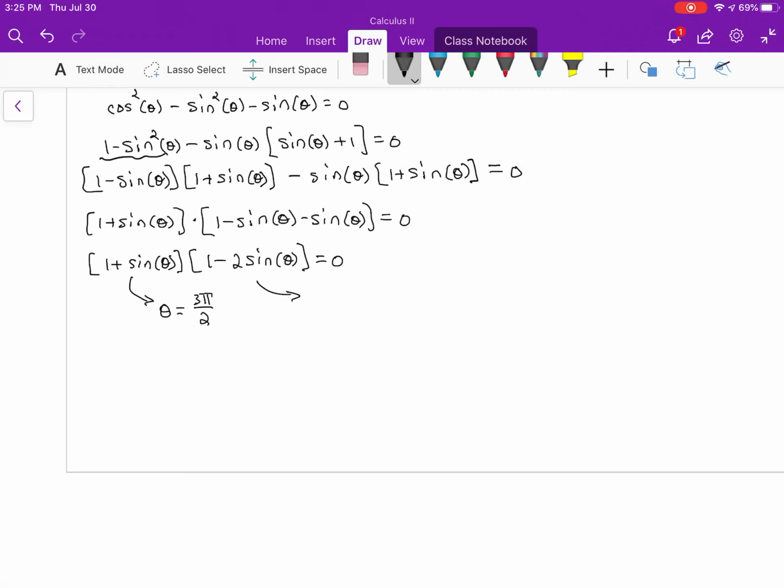The second term here, we want to know theta is the arcsine of 1/2. And that will occur for theta of pi over 6 and 5 pi over 6. So those angles will give us our vertical asymptotes.